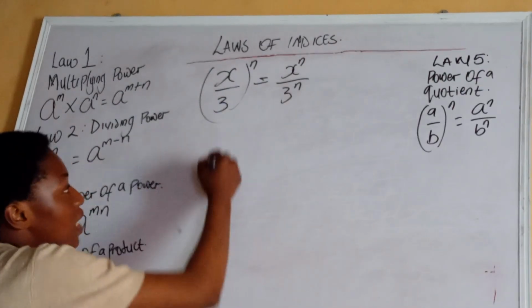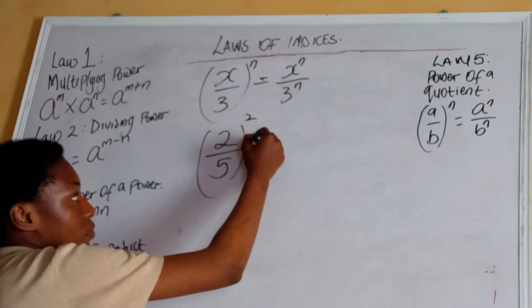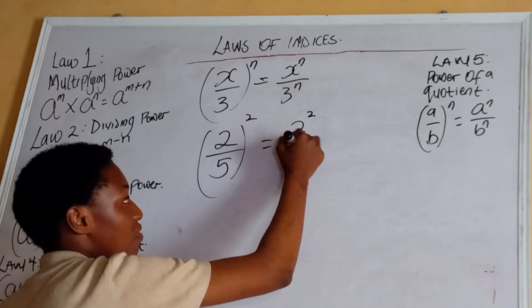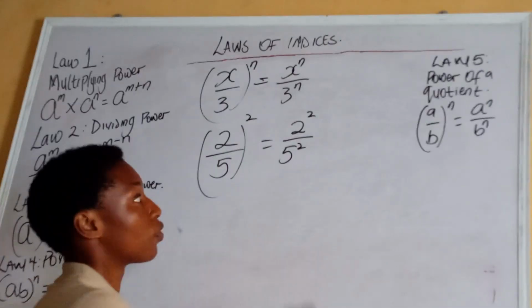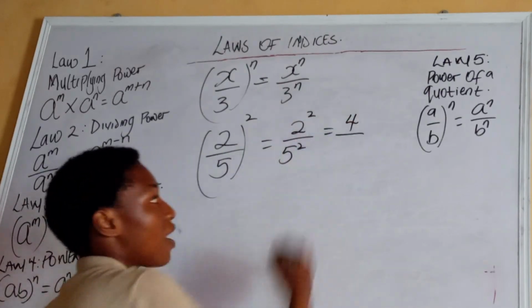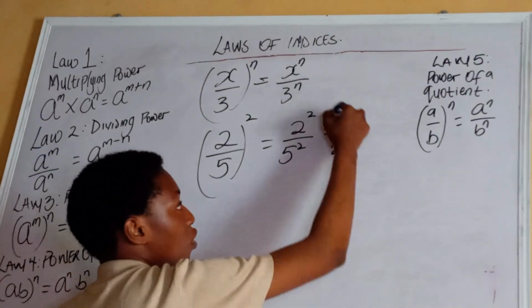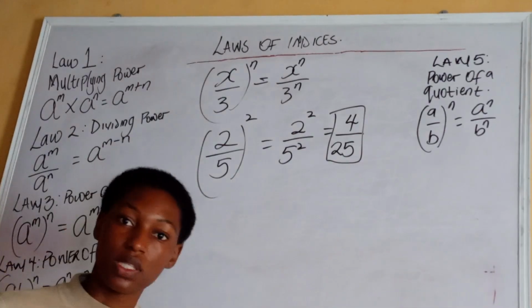What if you had something like 2 over 5 all squared? This becomes 2 squared over 5 squared. And you know that 2 squared is 4 because 2 times 2 is 4. 5 squared is 25 because 5 times 5 is 25. So this becomes 4 over 25. That is all under power of a quotient.